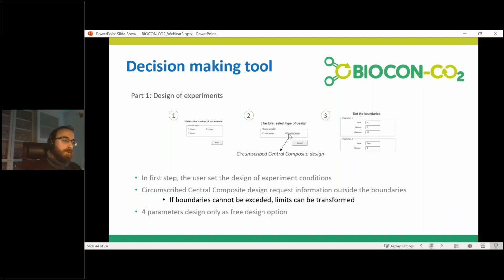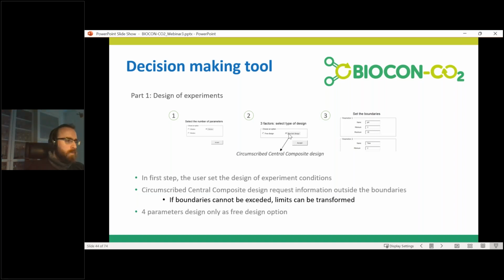You always have the option to go for a free design where you can change the variables as you want, because the tool allows the user to see the code behind it. But for most applications, we will just go for the directed design, where we choose the circumscribed central composite design. I'll talk a bit about it later.